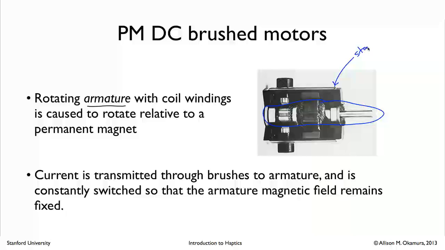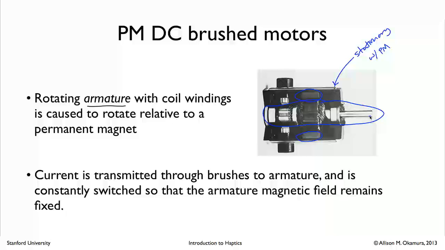And on that stationary housing are the permanent magnets. And in fact, you can see the permanent magnets here and here on this picture. And the idea is that current that goes through these coils will generate a force relative to these permanent magnets that's going to cause the rotating armature to spin.